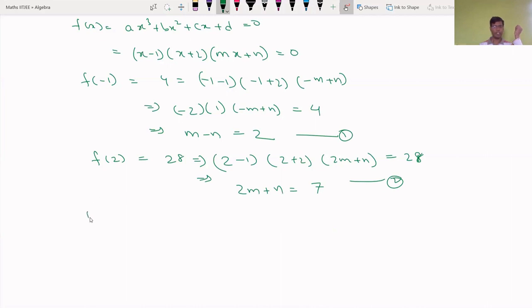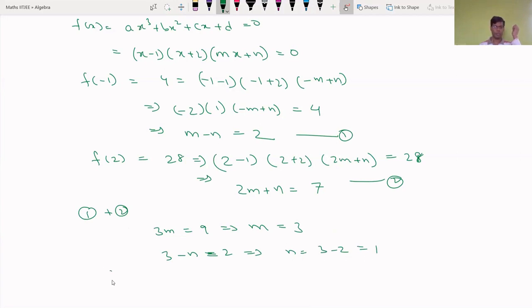So just simply add 1 plus 2 will give us 3m is equal to 9, which implies m is equal to 3. Okay, now put this m is equal to 3 in equation 1. We will get 3 minus n is equal to 2, which implies n is equal to 3 minus 2 is equal to 1. So I got m is equal to 3 and n is equal to 1.